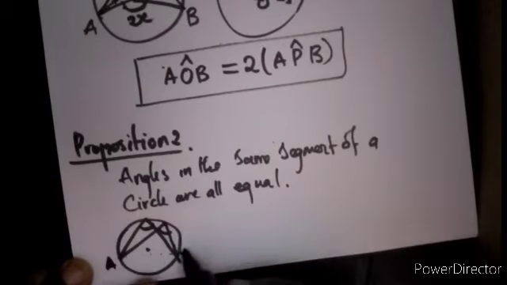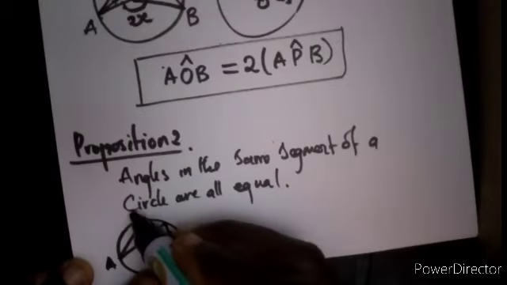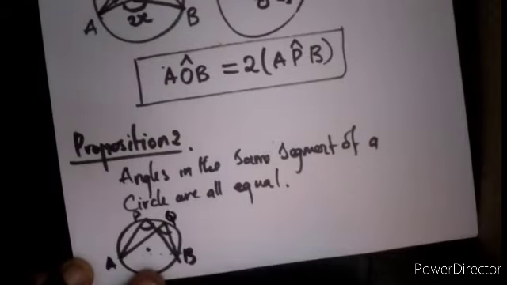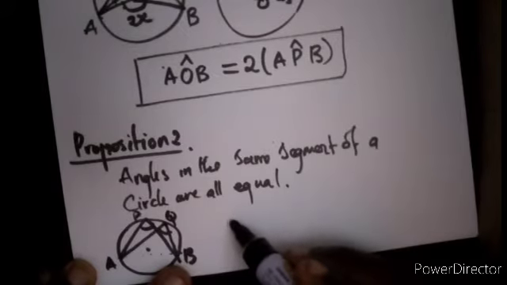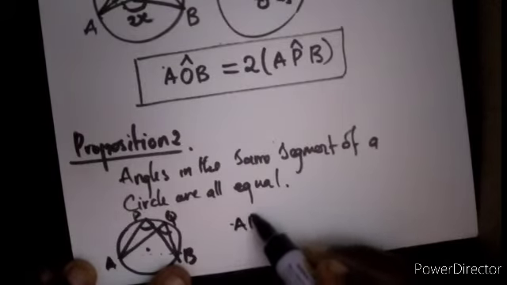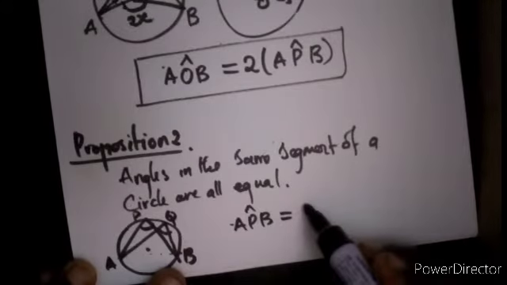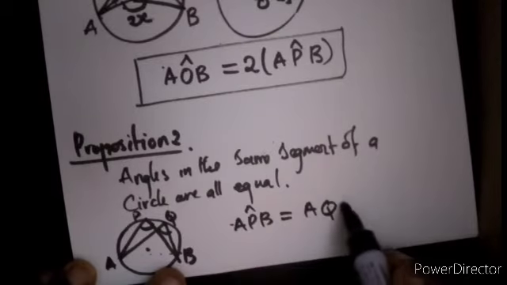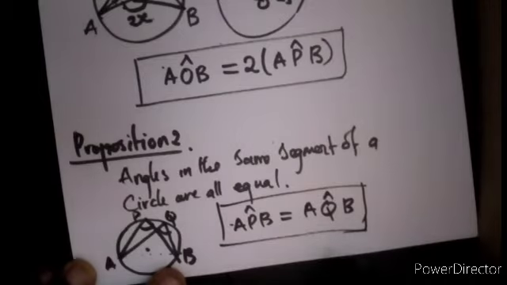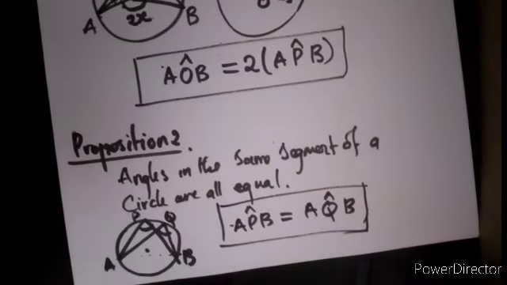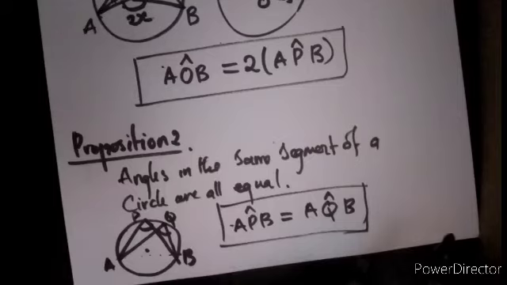So if I call this A and this B, and call this point P and this point Q, what we are trying to tell you is that angle APB is equal to angle AQB. Okay, that is our proposition 2.